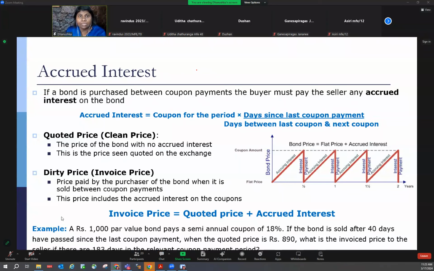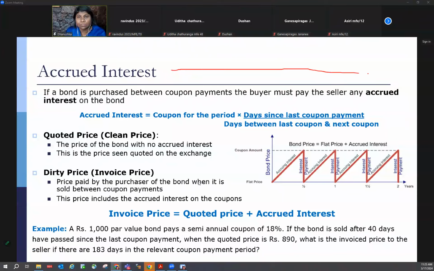One problem that arises with bonds is this. Take the same example that we used yesterday. Say a bond pays you quarterly coupons, every calendar quarter.